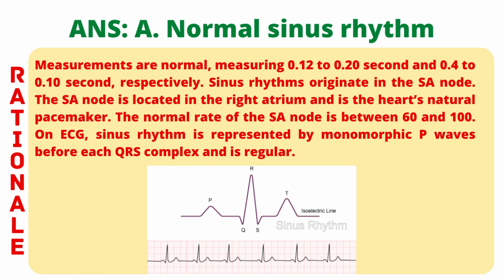Again, if the rhythm starts from the SA node, from the normal place, the heart rate normally is 60 to 100. Here the overall heart rate is 64. So everything is normal here. So it is a normal sinus rhythm. The other options given here are sinus bradycardia. In sinus bradycardia, the heart rate will be initiated from the SA node.